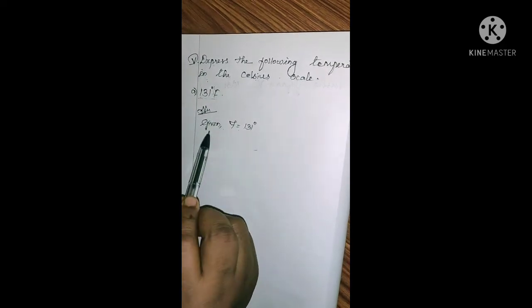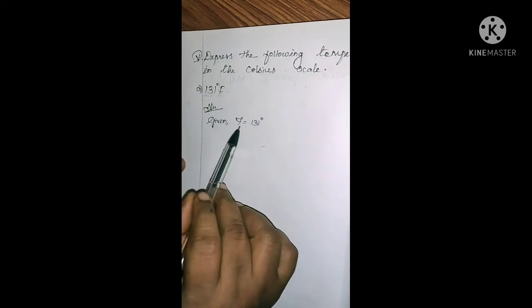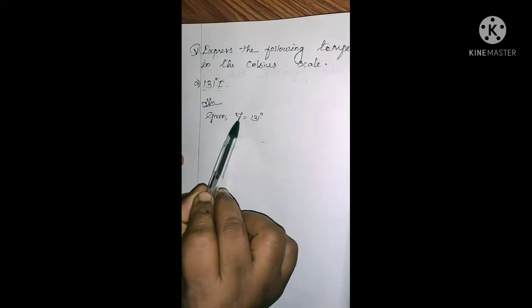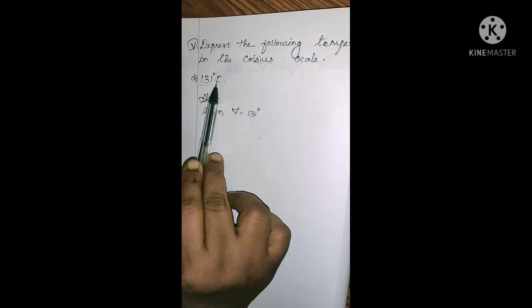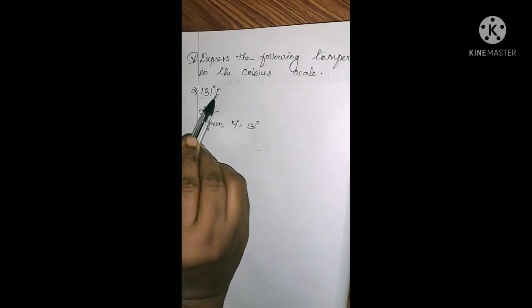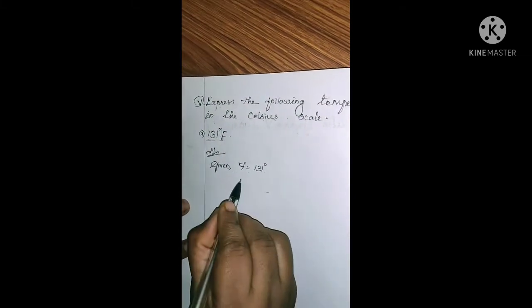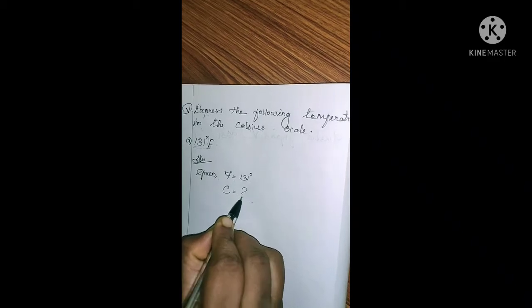Okay, so solution. First we usually write the given values in the question. So F is equal to 131 degree, since only the Fahrenheit value is given. What they have asked in the question is to find the value of C, that is Celsius.